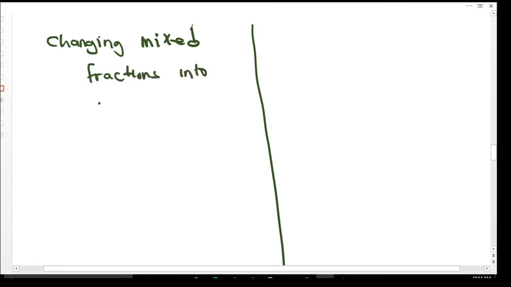Now let us change mixed fractions to improper fractions.